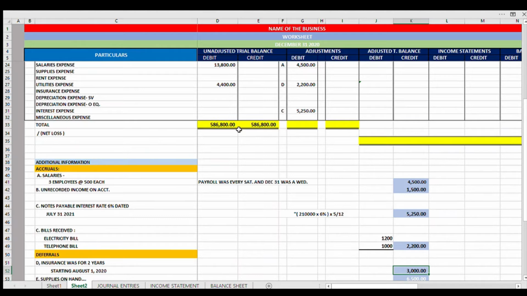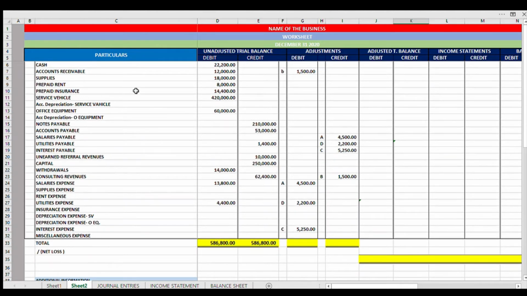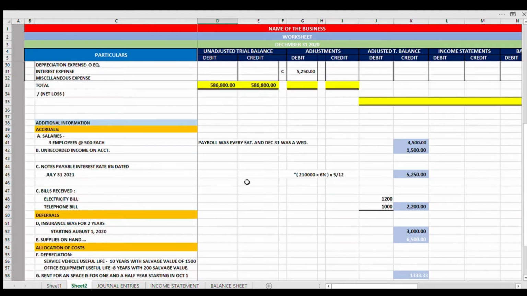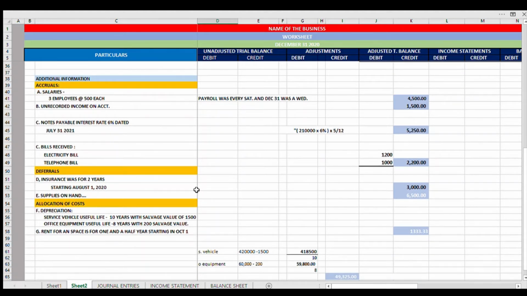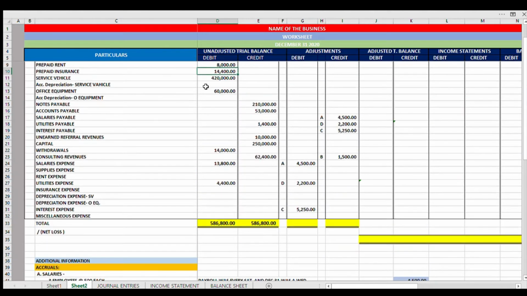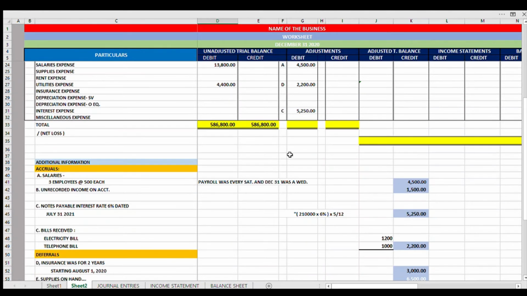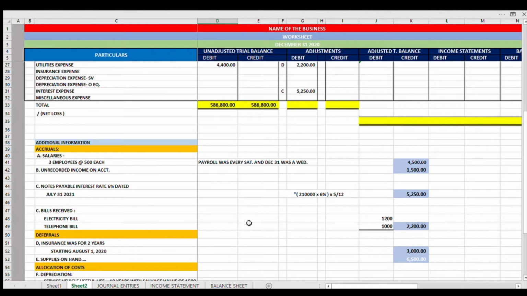Because, ang ating insurance policy, prepaid insurance is 14,000. So, 14,000, we will multiply it by 2 years, 14,000 is divided by, in months, it would be 24 months.